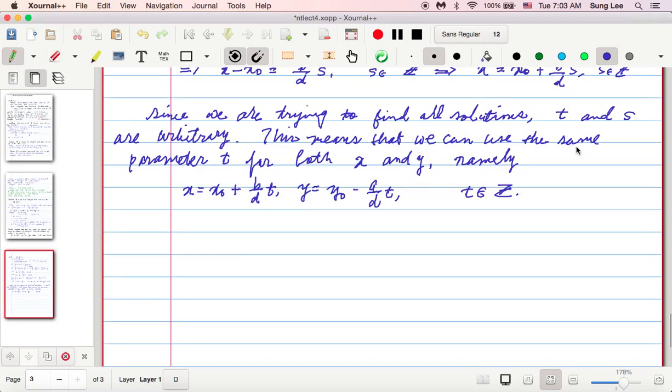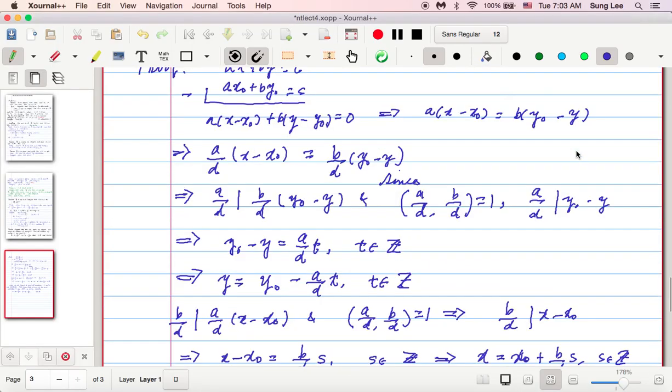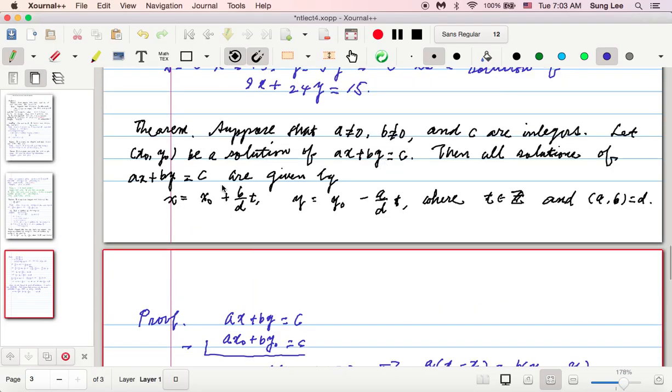Because what I have shown is that if x naught, y naught is a solution of ax plus by equals c, then x equals x naught plus b over d times t, and y equals y naught minus a over d times t, where t is an integer, is a solution to this equation.